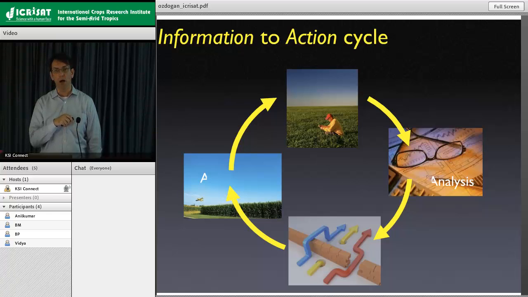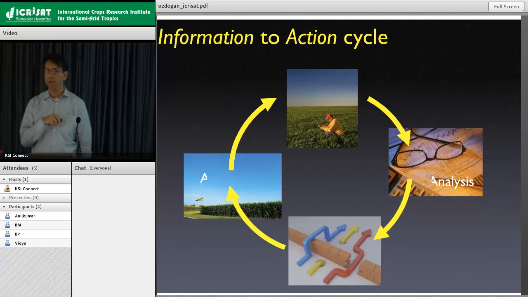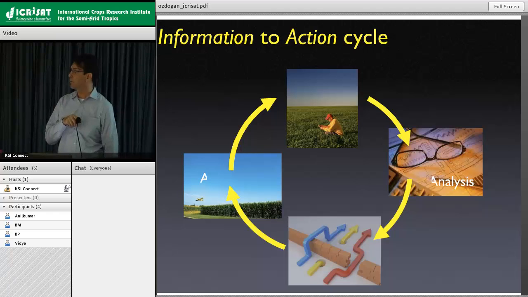I would like to argue that remote sensing has been pretty good at data collection, and we've been very good at analysis for the last 30, 40 years. But we have not been very good at breaking this barrier over here. I am yet to see applications of remote sensing that tell me that I have this great observation capability and great analytical capability, and I'm making better decisions because of remote sensing.